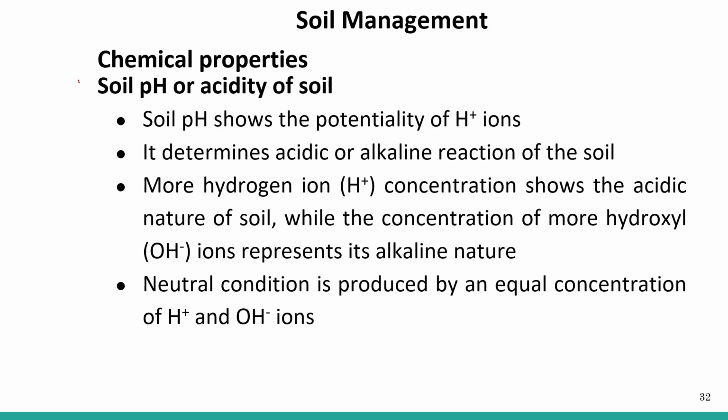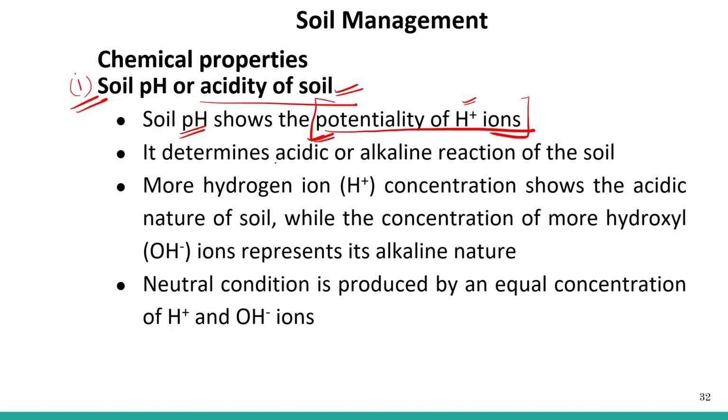The first one is the soil pH, or the acidity of the soil. Soil pH shows the potentiality of the hydrogen ion concentration. This is the definition of pH. So the soil pH depends upon the potentiality of the hydrogen ion present in it.